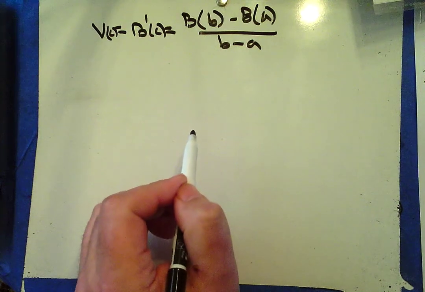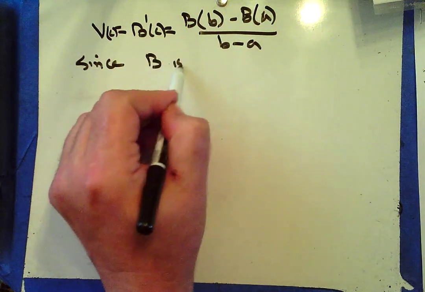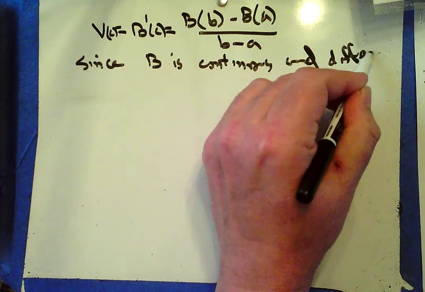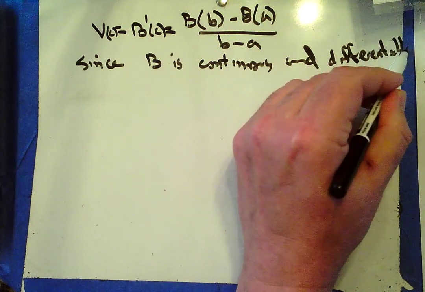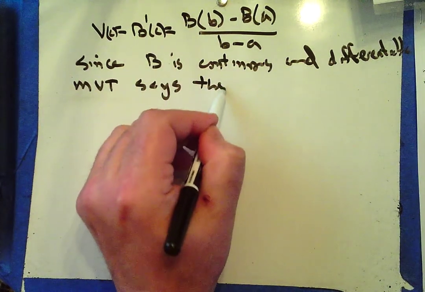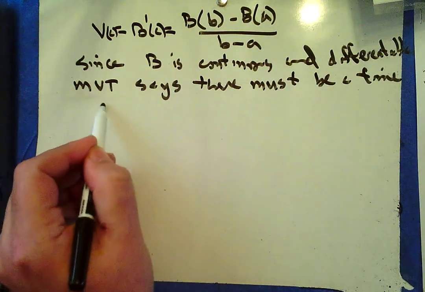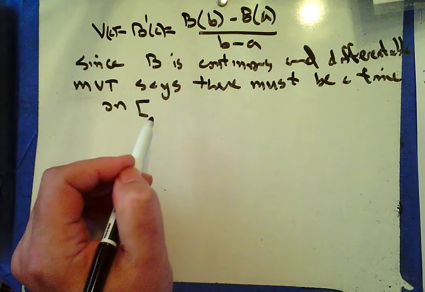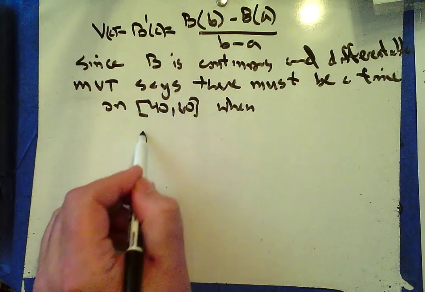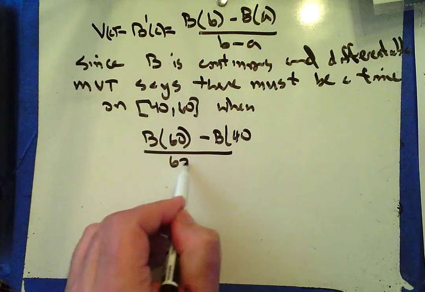According to mean value theorem, since b is continuous and differentiable, they tell us that in the stem of the problem, MVT says there must be a time on our interval, 40 to 60, when, well, let's check out what is b of 60 minus b of 40 over 60 minus 40.